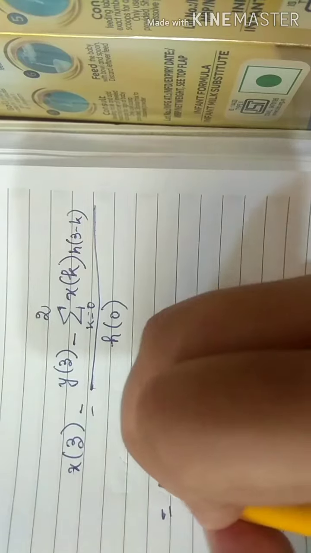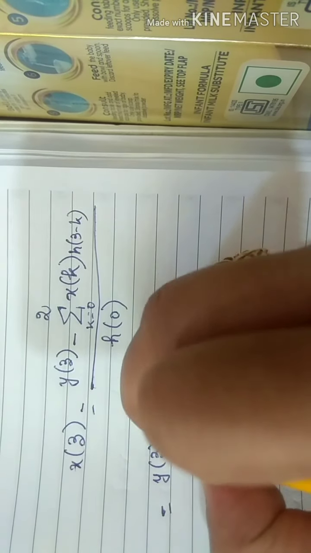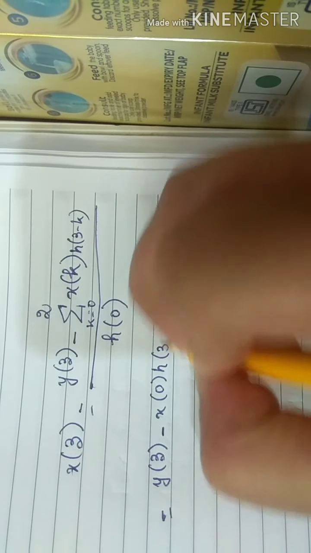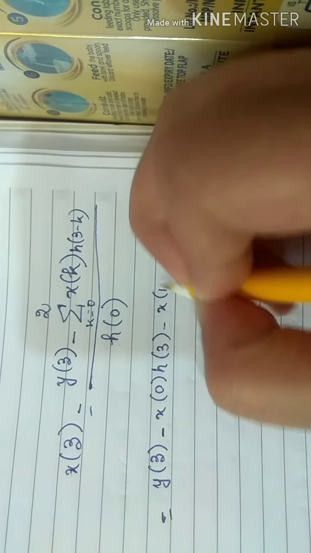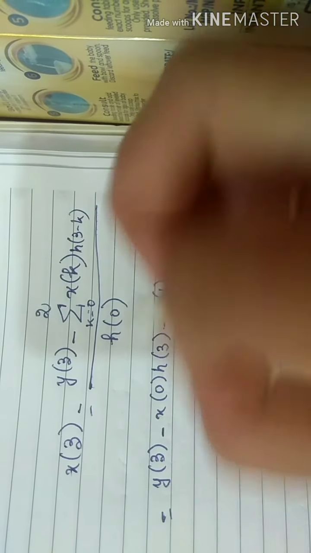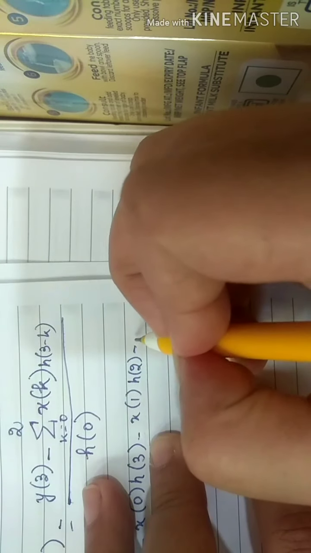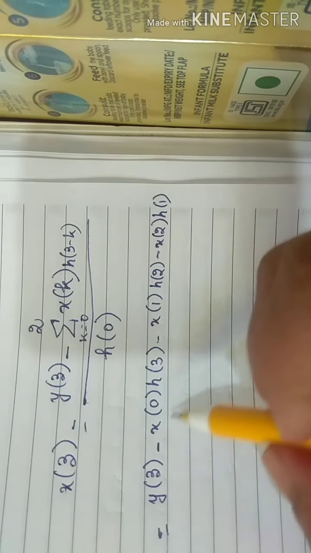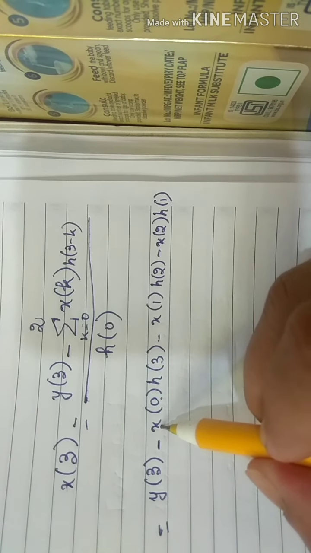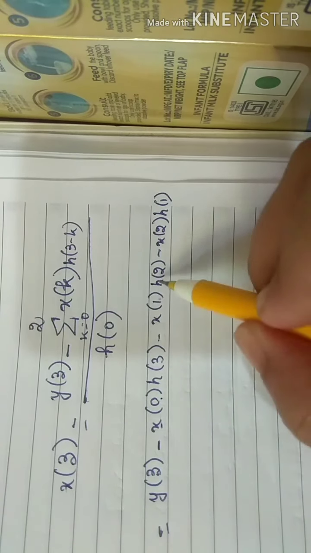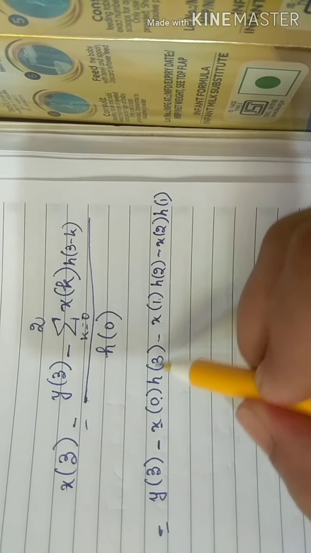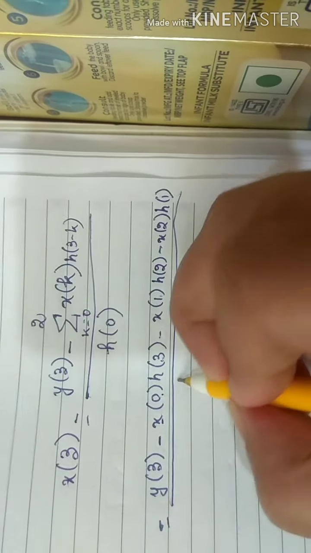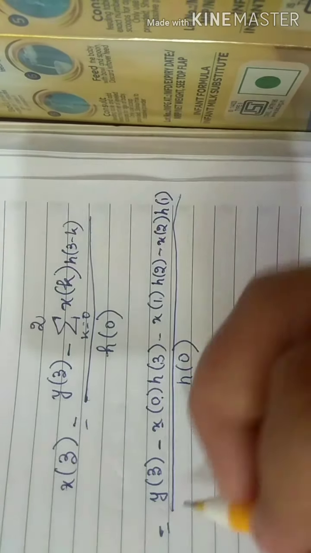On expanding, we can write it as y[3] minus x[0] h[3] minus x[1] h[2] minus x[2] h[1]. You can see over here that the index of x keeps on increasing from 0 to 2, while the index of h keeps on decreasing from 3 to 1. The whole thing has to be divided by h[0].